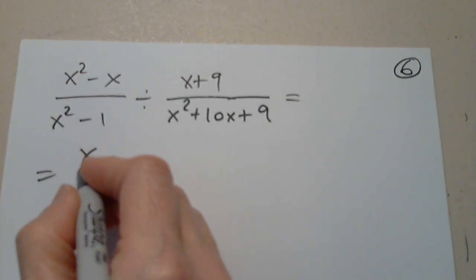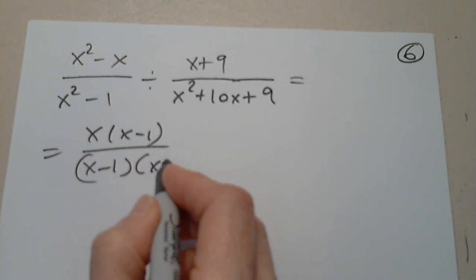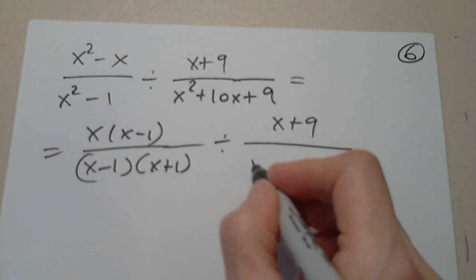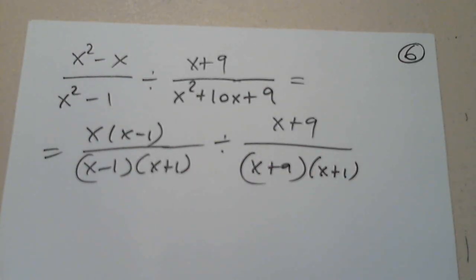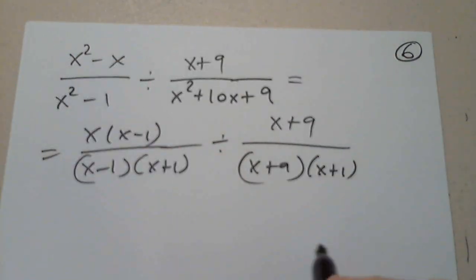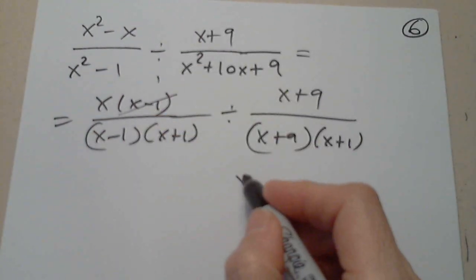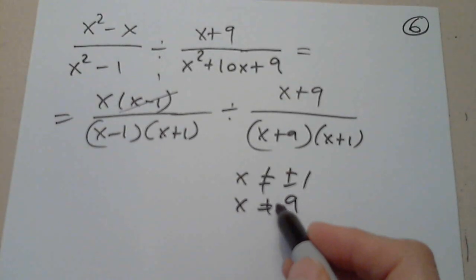So again, the same thing, x minus 1, the difference of squares, x plus 9, the denominator x plus 9, x plus 1. So you are allowed to simplify the fraction by itself, but not across in a division, please. So don't simplify before you write not plus or minus 1 and not negative 9.